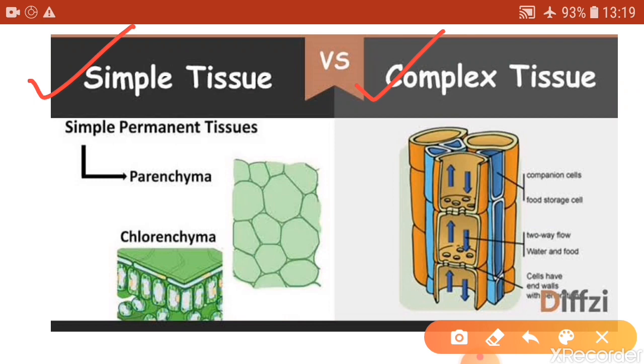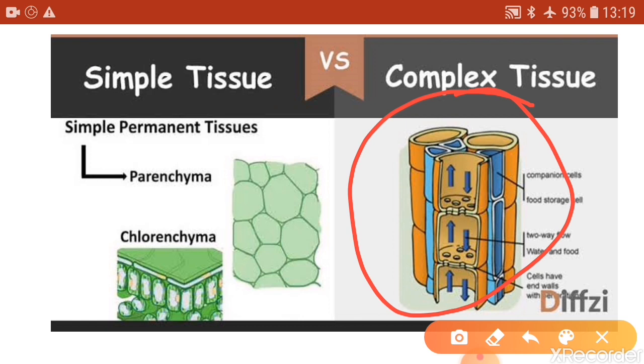Simple permanent tissues are made up of the same type of cell, that is, all the cells in the tissue will be of the same kind. Whereas complex permanent tissues are made up of more than one type of cell. The tissue may have around 4 different types of cells or more, working together as a complete unit to perform a particular function.